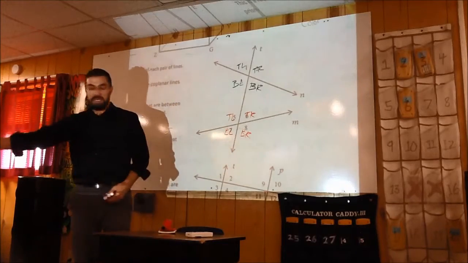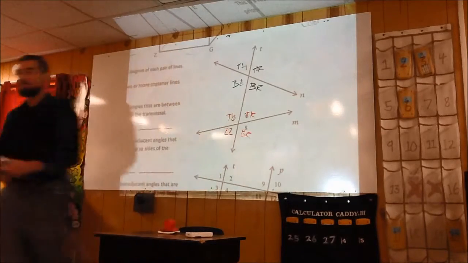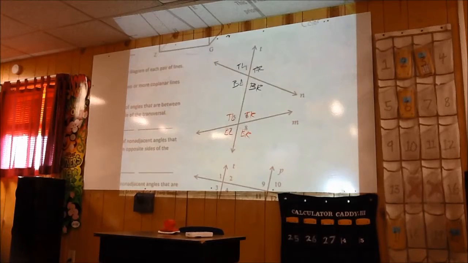So if you read the definition of corresponding angles, it says that corresponding angles are a pair of non-adjacent angles that are in the same position but different intersection of 2 lines. One will be in between 2 lines and the other one will be outside. So one will be in the interior, one will be in the exterior of this diagram.